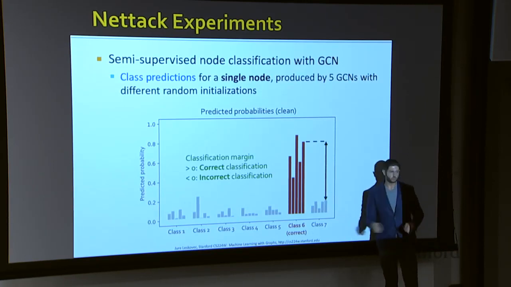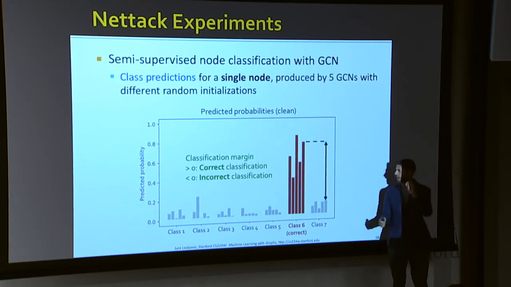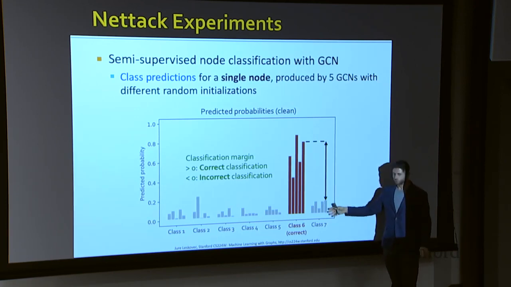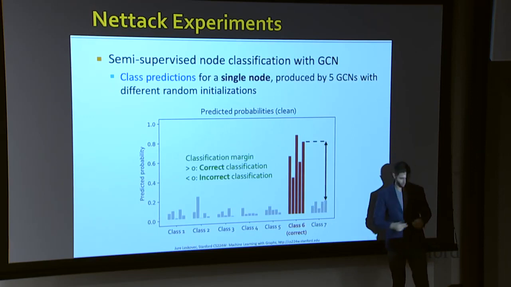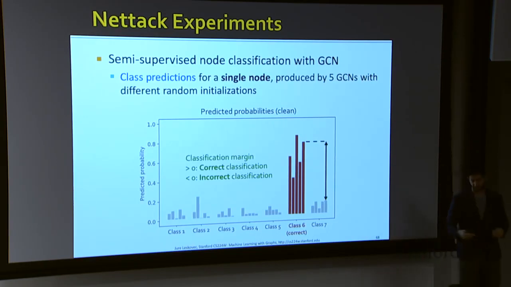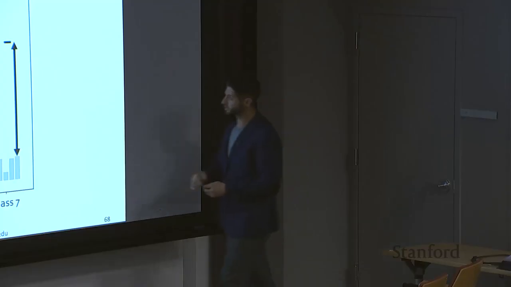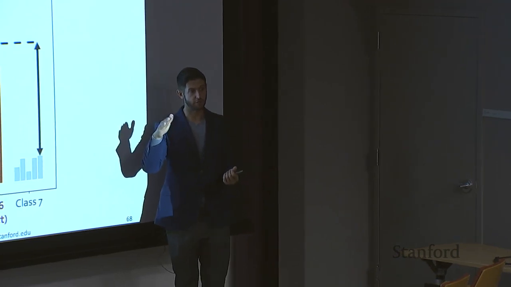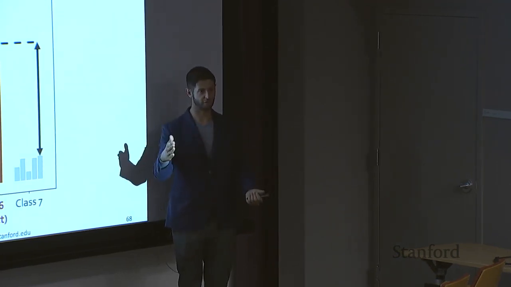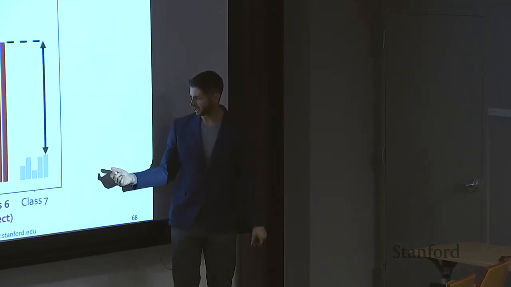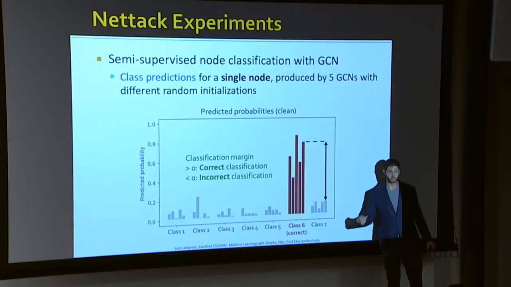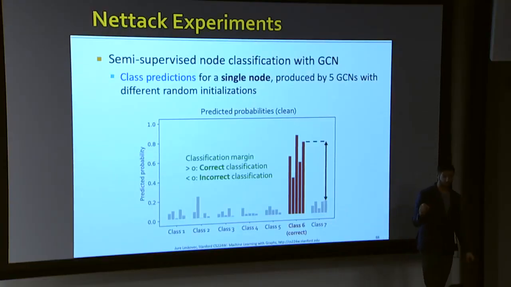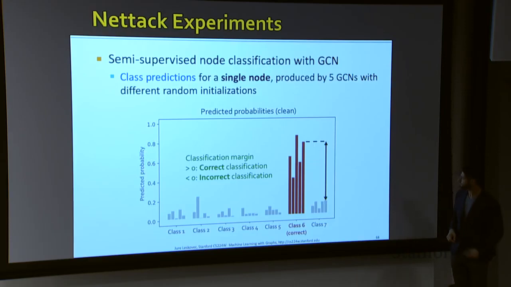So not only do we care that the highest probability is assigned to the class that we want to fool the classifier with, but we also want a high margin so that the attack is very reliable. And no one can use the confidence of that prediction as a signal of whether an attack is happening or not.